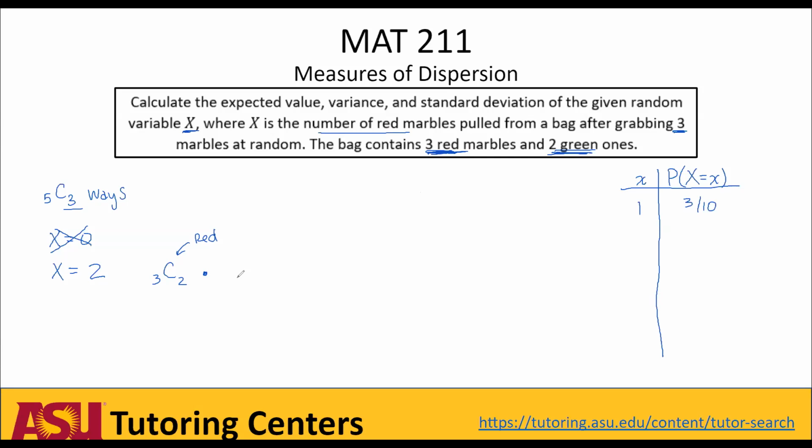Since we've already picked 2 red marbles, we can only pick 1 green. So we have 2 green marbles to choose from, and we're going to choose one of those. Then we're going to divide this again by the total number of ways that we can pick 3 marbles out of the bag, so that'd be 5 choose 3. If we do the math on this, this gives us 6/10. So we'll write that over here, 2 and 6/10.